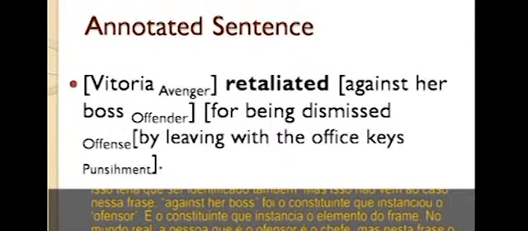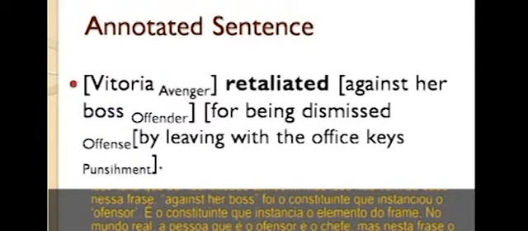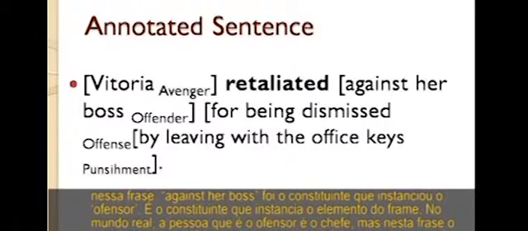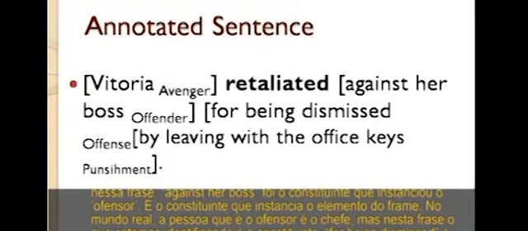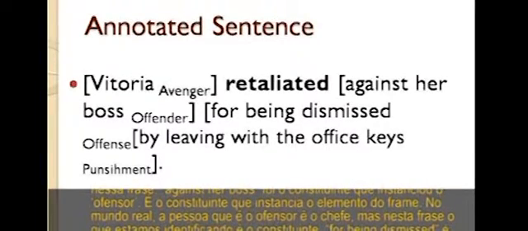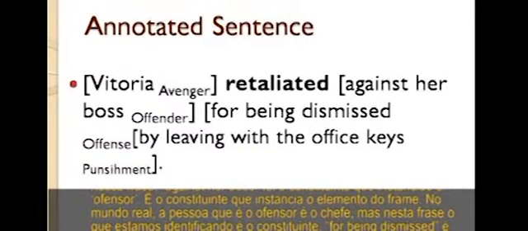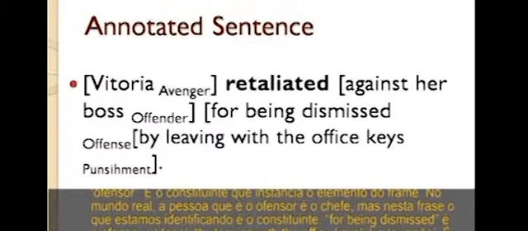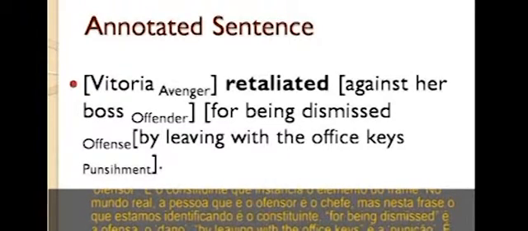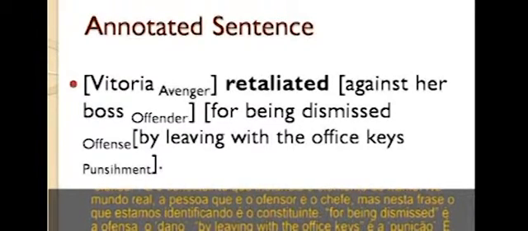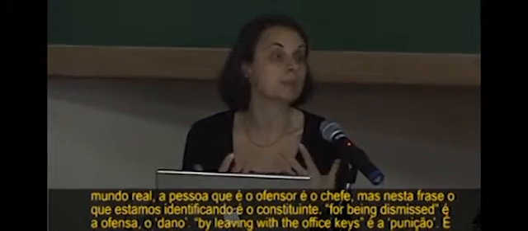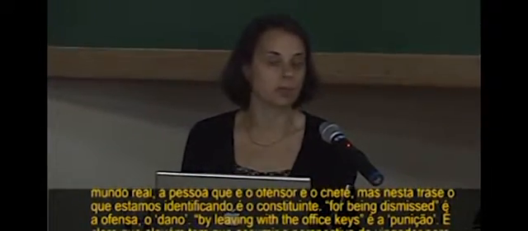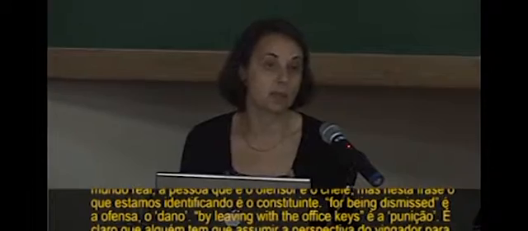For being dismissed is the offense. By leaving with the office keys is the punishment. Of course, one has to take the perspective of the avenger to accept the idea that leaving with the office keys is the punishment, right?